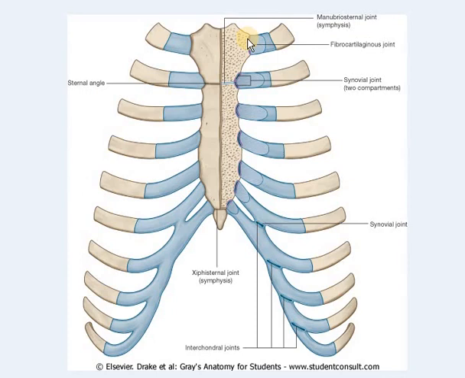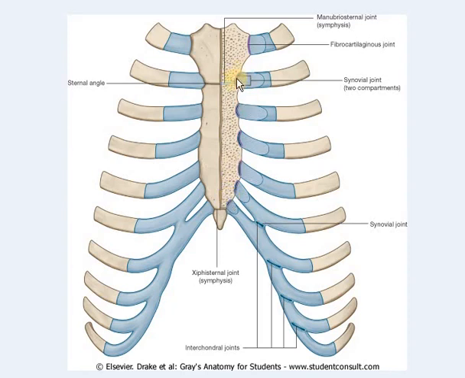So students, please pay attention to this picture. In this picture you can see that the ribs are articulating with the sternum, particularly the cartilaginous part of the rib articulates with the sternum, and this one is the articulation of the first rib with the manubrium, and this joint is a primary cartilaginous joint, and the rest of the costal cartilages articulate with the sternum and form the synovial joint.